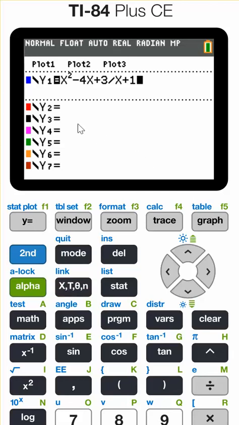Now, I actually put this in incorrectly because I wanted to show you something here. The way order of operations works, the calculator is going to want to divide 3 by x before it does any of these additions or subtractions, and that's not what we want. So when you put in rational expressions, if there's more than one term, 2 terms or more, you need to put parentheses around the expression.